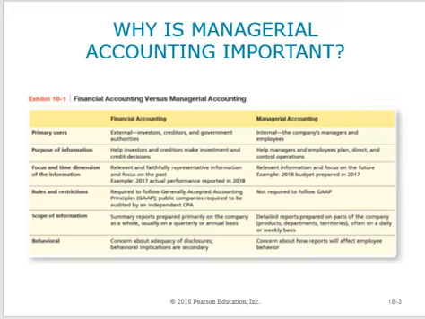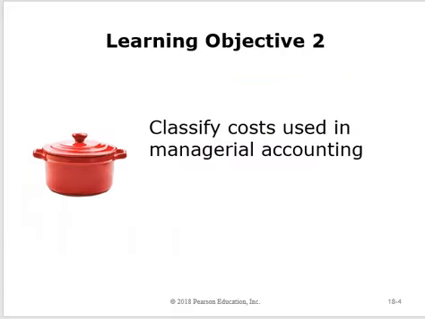Financial, behavioral, it's going to help with disclosures, and managerial is going to focus on employees' behavior. All right, now we're going to move on, so take some good notes.